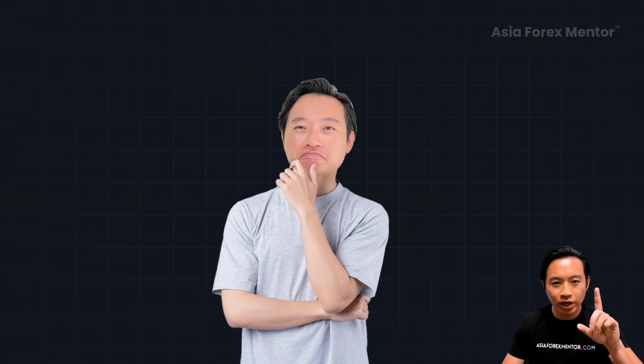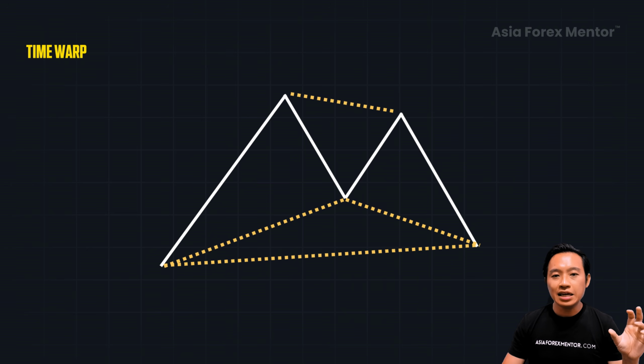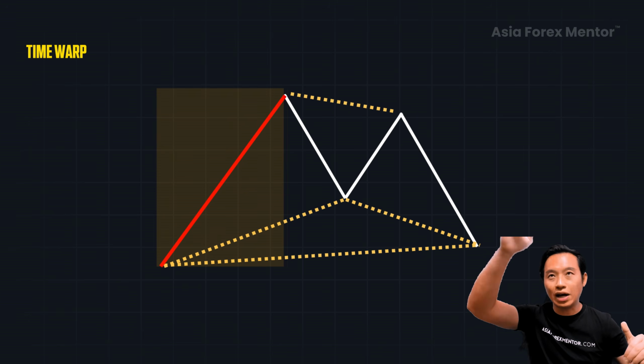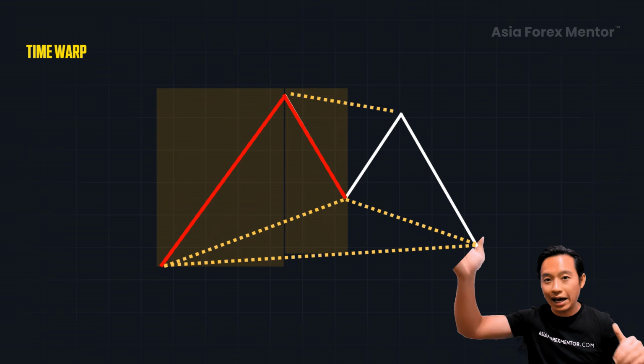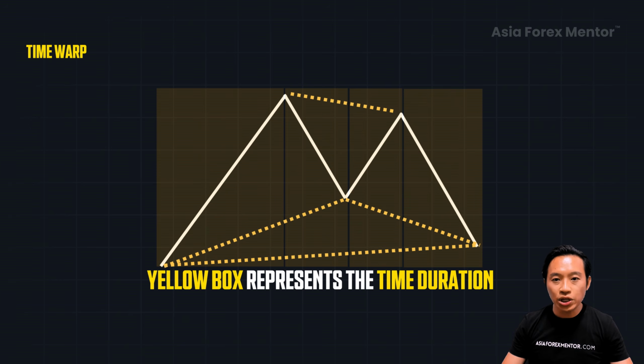I'm going to cover one quick important thing called the time walk. If you look at this time walk itself, the key is that for harmonic patterns, it doesn't matter how far apart it is from one point to the high, from high to the low, from low to the high. That number of bars, the time duration, does not really matter.